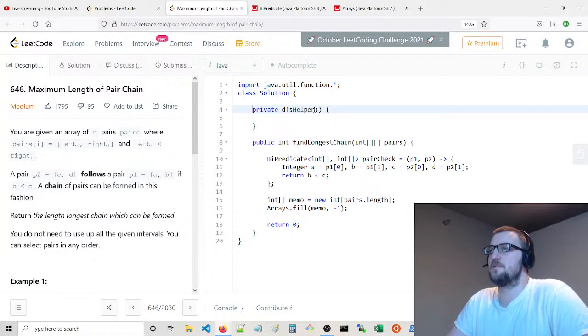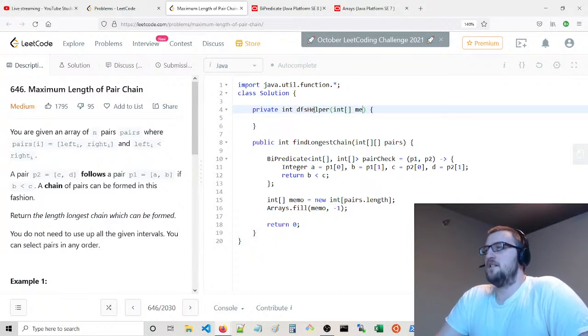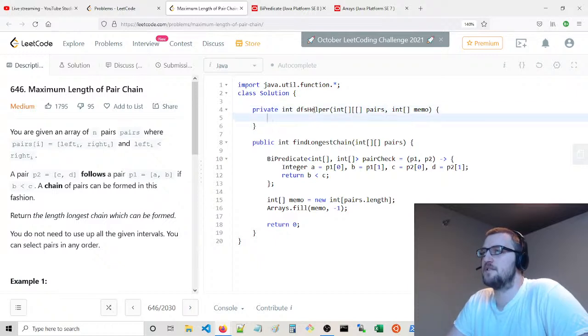All right, and we're going to return an integer, I think. Memo. We want our pairs, but now we don't have access to our predicate anymore. That's kind of annoying.